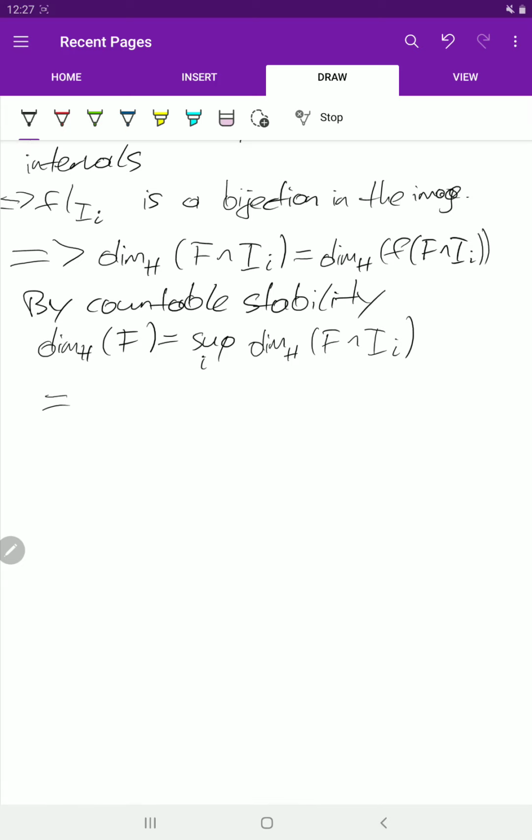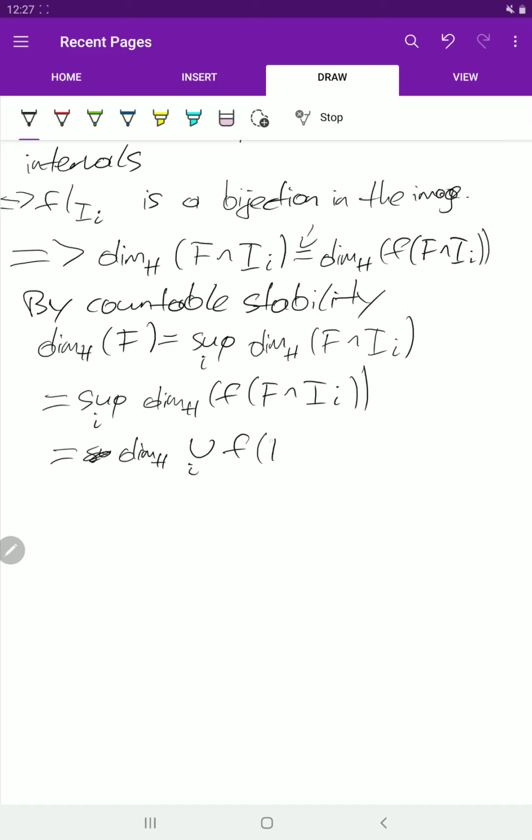And now we use the equality we have here. And again, we use countable stability. So this is just the dimension of the union of these sets, and this is the dimension of f of the set.